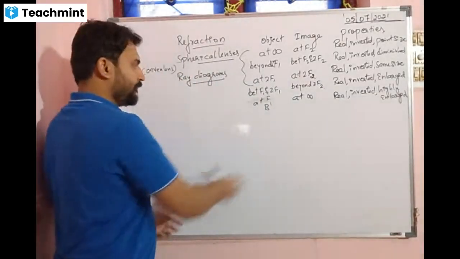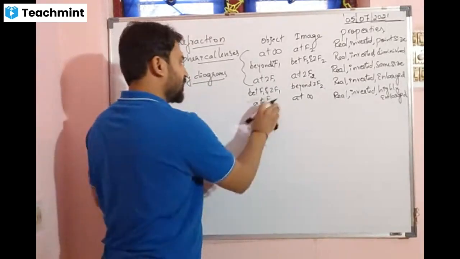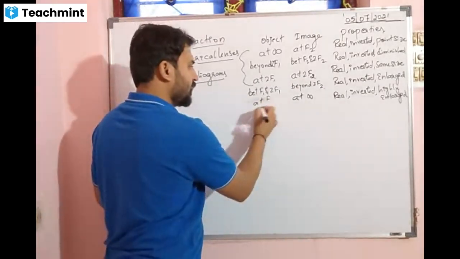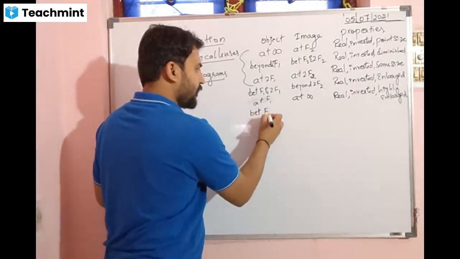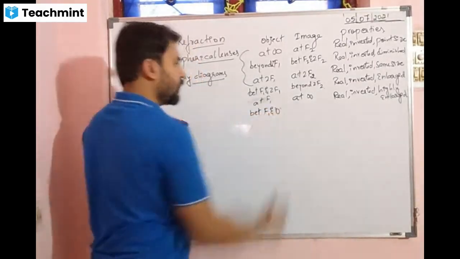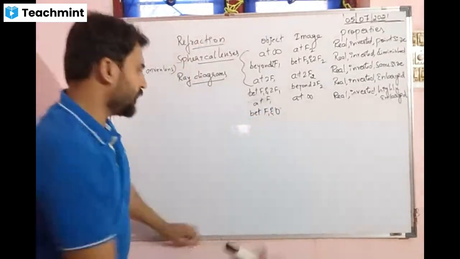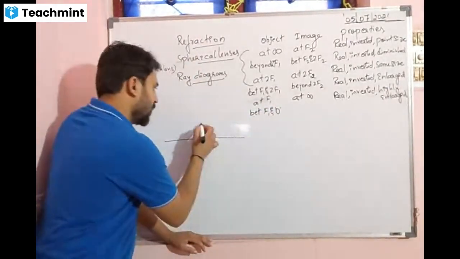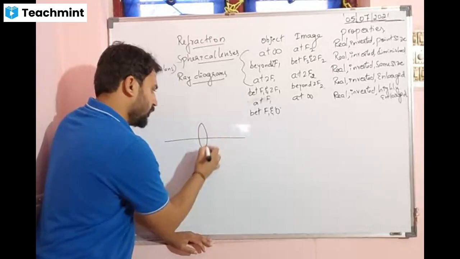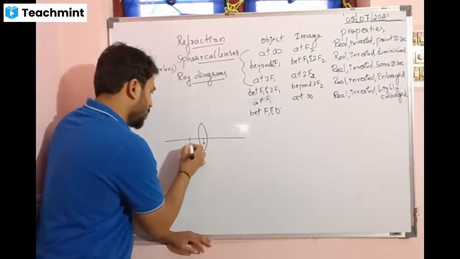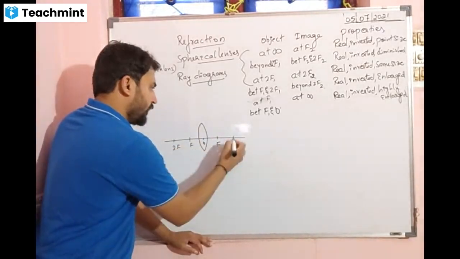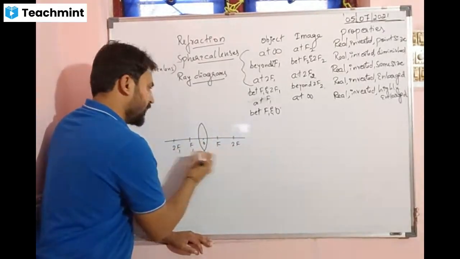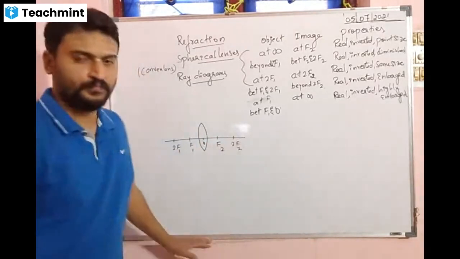What was the last one? The last one is between F1 and optic center O. So how is the ray diagram? This is O, F1, F2, 2F1, 2F2.